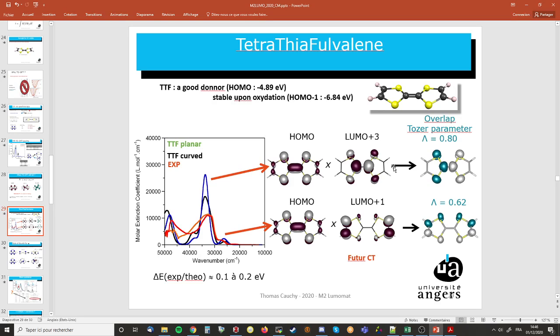We have calculated the Tozer overlap parameter for the second transition, or for the first one, the small one, and you see that the overlap here is less, it is 0.62. So here we have a higher overlap, higher probability, higher intensity.